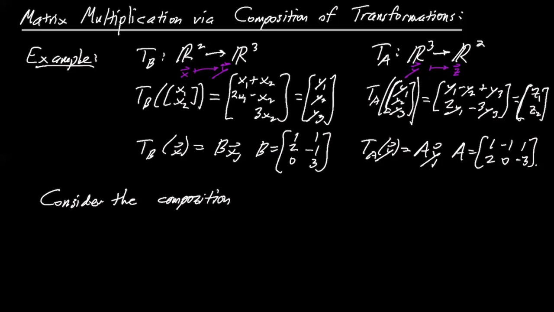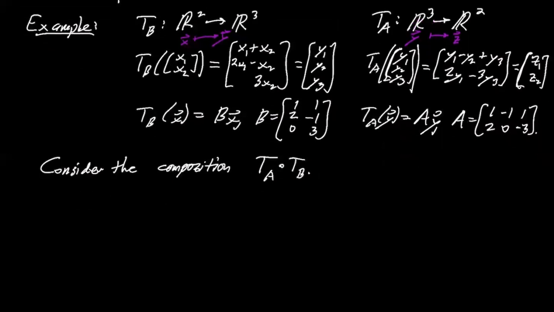Remember, there's a symbol for composition, this little circle. You read function composition right to left, so we're doing B first and then A.